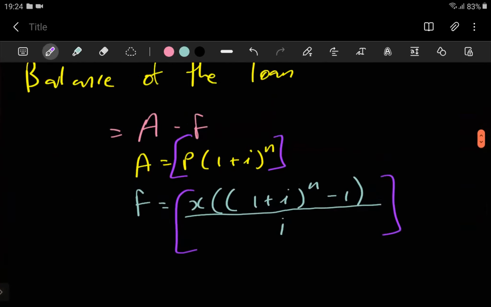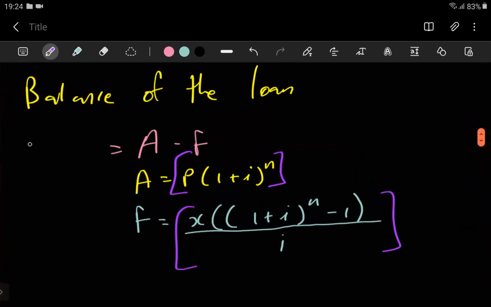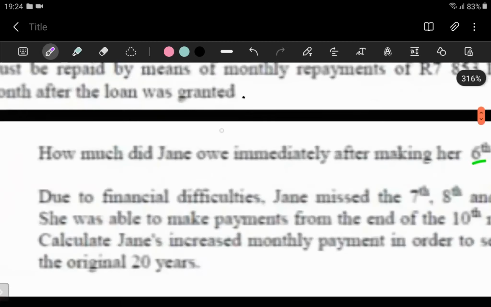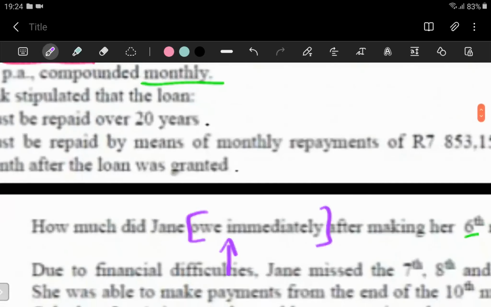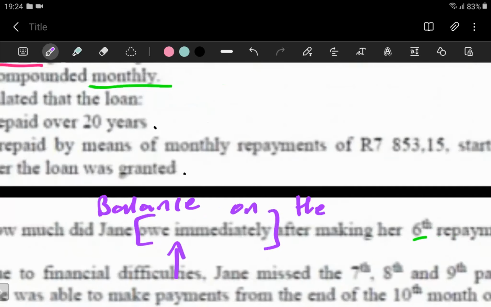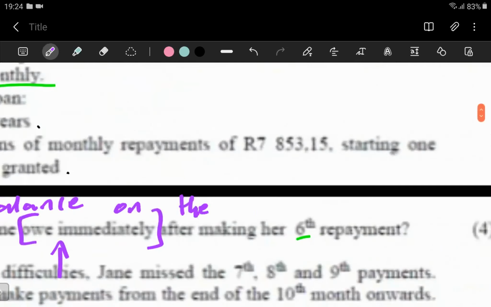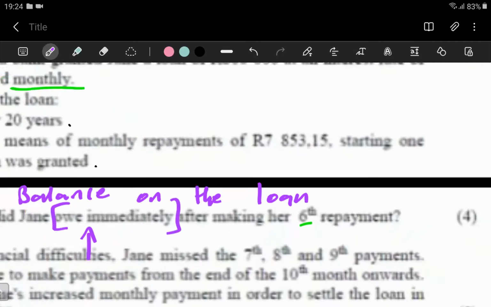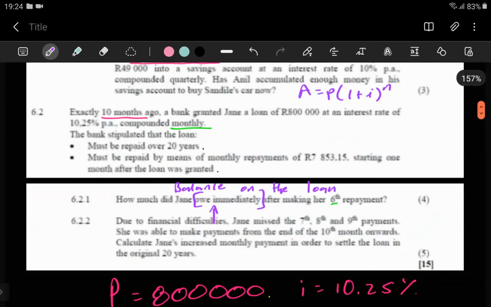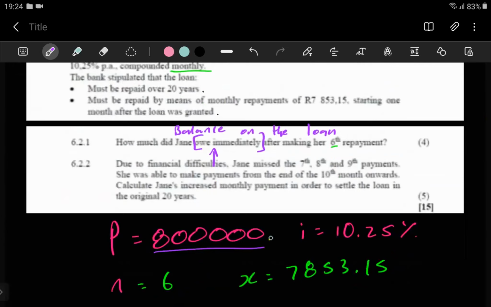Shouldn't you just use your present formula? Not exactly. The reason why we should not just use the present formula is because they're asking how much she owes. If they're asking how much you owe, this means the balance on the loan, because the balance on the loan is how much you owe. Here, P is an amount that is decreasing over time as you are paying it off.